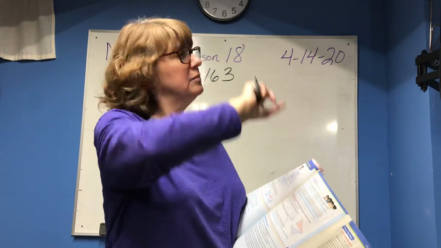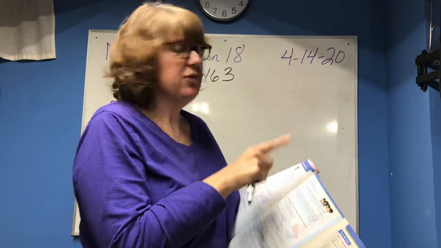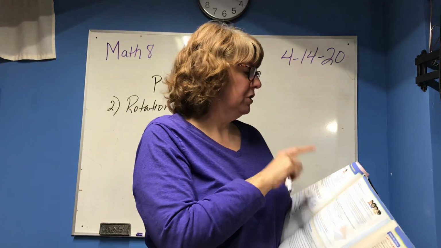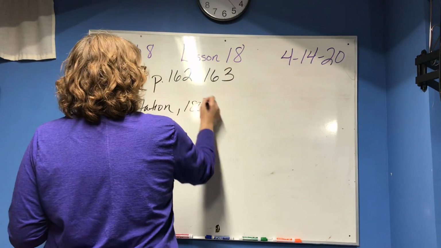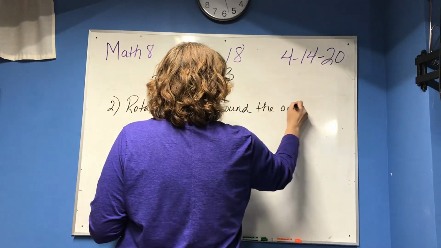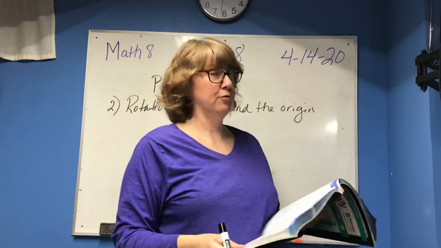Well, I think you could go both ways since it's 180 degrees. Either way, clockwise or counterclockwise, you're going to get this shape. So it is a rotation 180 degrees around the origin. Okay, that's a pretty common point of rotation.